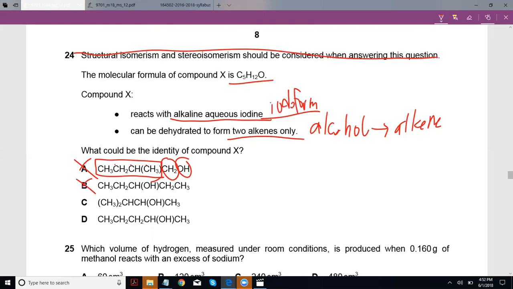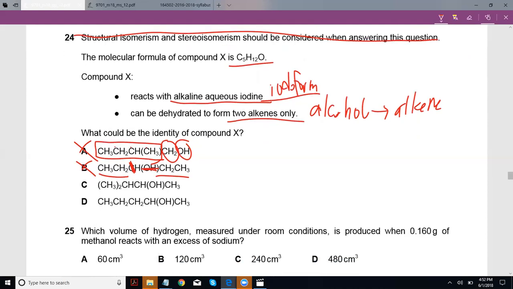Same goes for B, because this OH is attached to this carbon, so it has an ethyl chain on one side and an ethyl chain on the other side. Now C and D both work with regards to methyl alcohols, because they're attached to these two carbons and they have a methyl chain attached to them on one side, so that's fine.